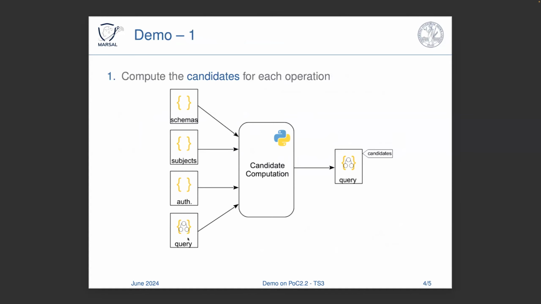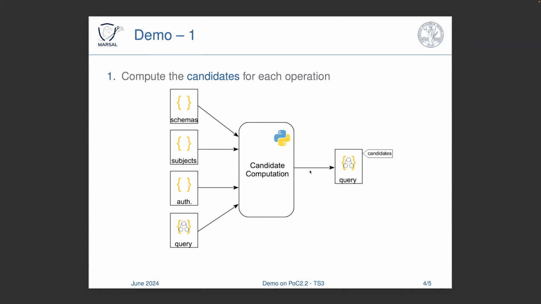Our application works in 2 steps. The first step computes for each node of the query plan the set of candidates that are authorized to execute the node operation. The solution is implemented in Python and takes as input some JSON files describing the schema of the involved relations, the query plan, and a set of subjects, that is, owners of the relations, external providers, and the subject submitting the query, along with their authorizations.